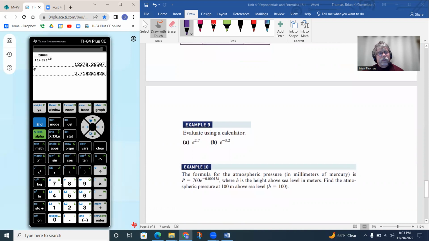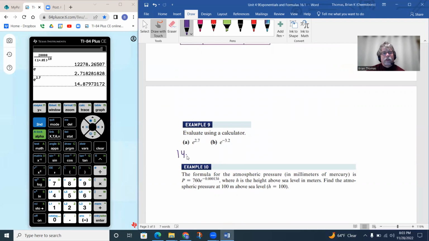So another place to do it is, notice how it's above this ln symbol. There's this e to the x. So an easy way to put e to the 2.7 into the calculator is to hit the second ln button, and it already prompts us to put an exponent in there, 2.7. So what gives us then, if we round this to 3 decimal places, 14.879.